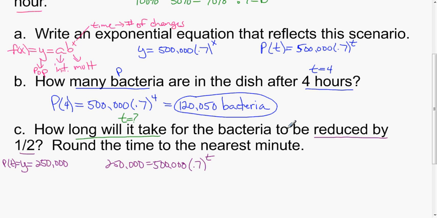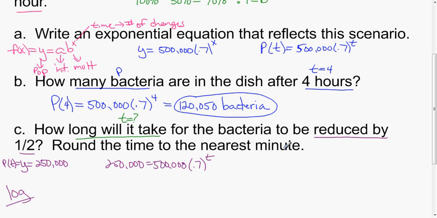Now, I need to get t by itself, and you notice that t is in the exponent here. So we're going to need the inverse of to the exponent, and that is going to involve log. And you should have some sense of how to move from an exponential format to a log format in watching this video.